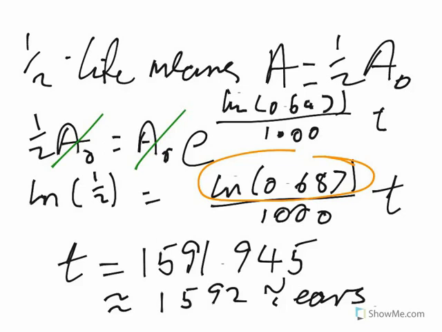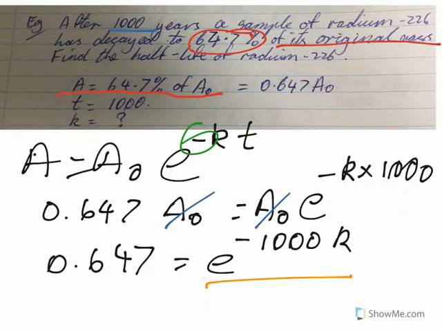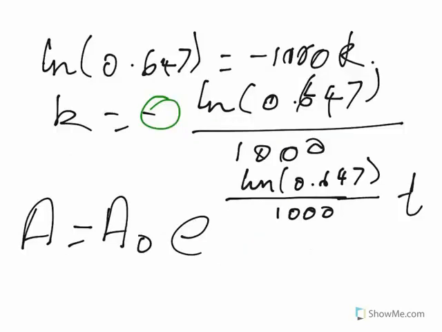If you're worried about whether back in this step to write it as a negative or a positive with k, just write it as e to the kt and work with that every time. And the mathematics will take care of whether it's a positive or a negative.